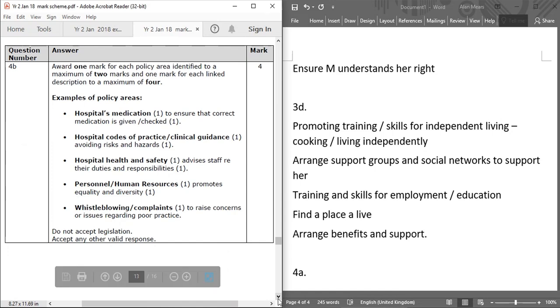Oh, okay. So examples of policy areas. They've gone down medication, codes of practice, health and safety, human resources. So equality and diversity is there. Whistleblowing and complaints. Okay. So, do not accept legislation.